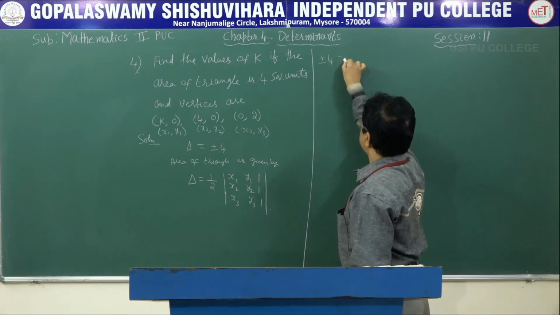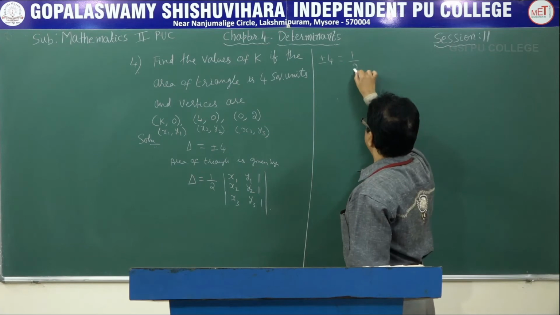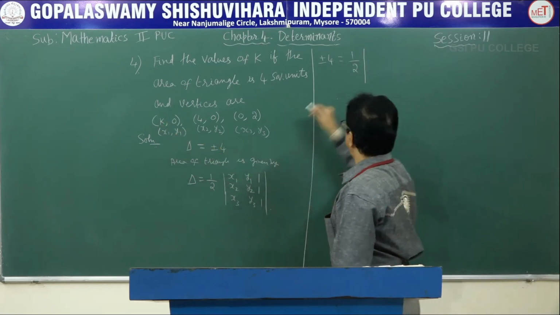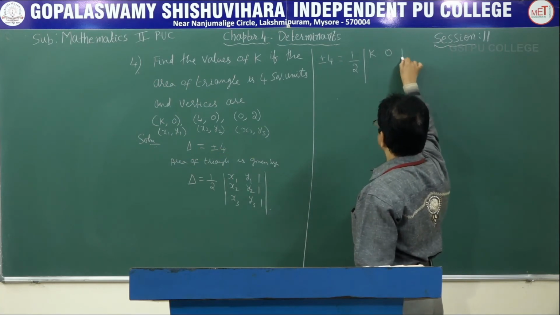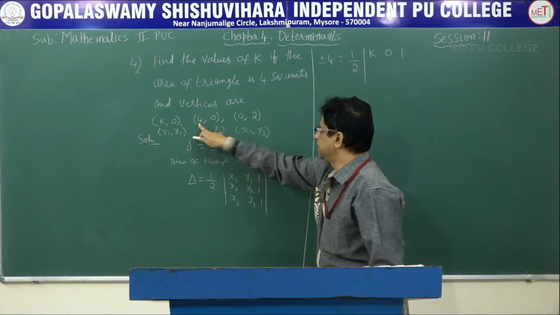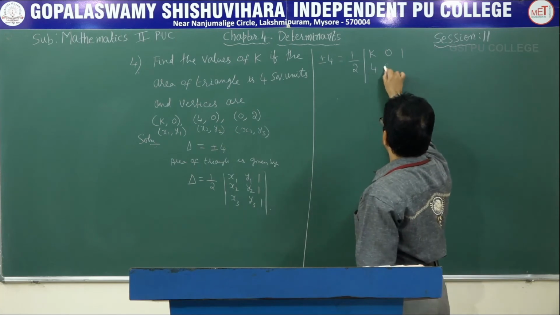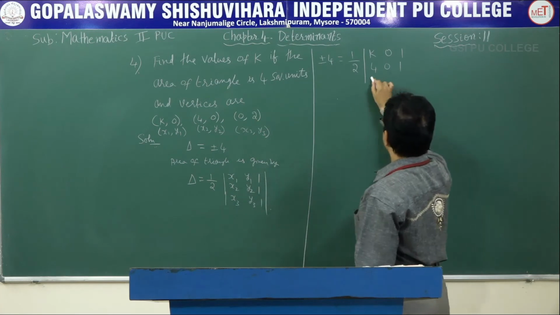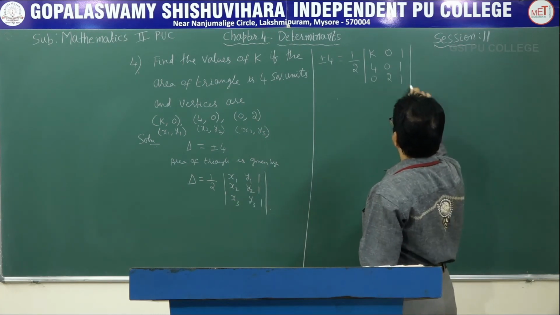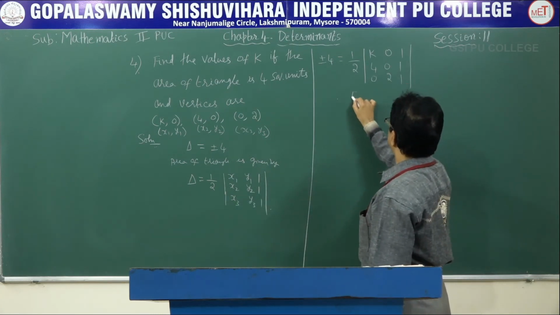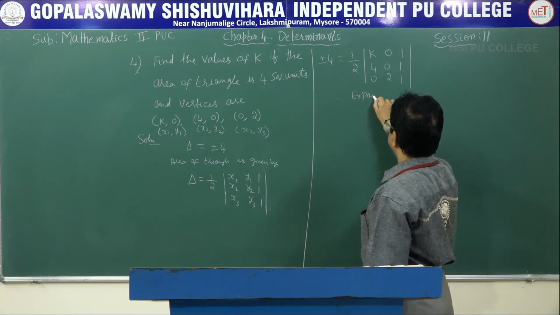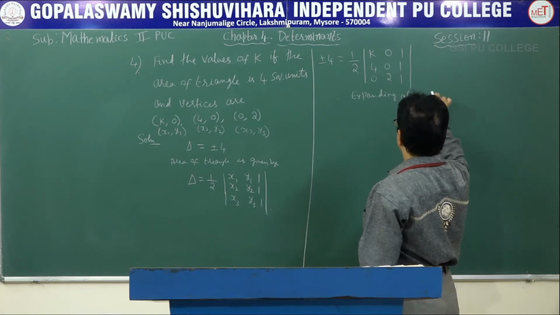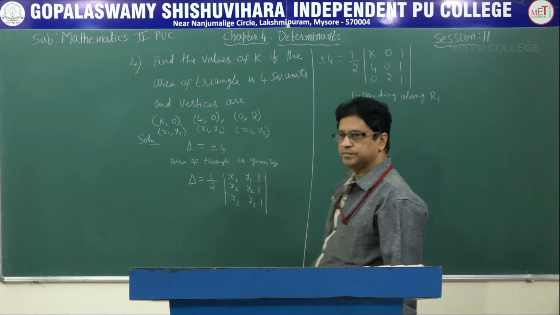So plus or minus 4 is equal to half into determinant of x1, y1, that is k, 0, 1, x2, y2, 4, 0, 1, x3, y3, that is 0, 2, 1. Expanding along R1.